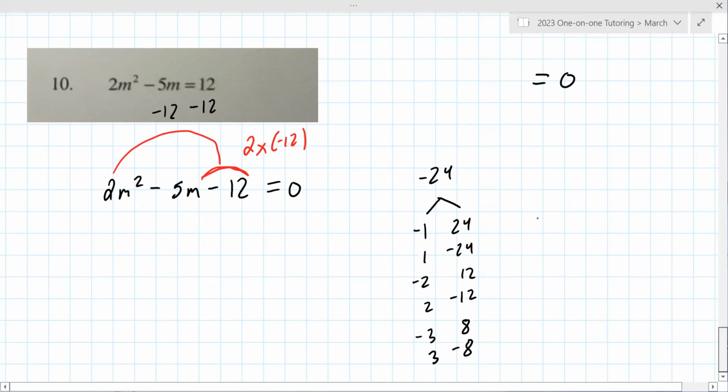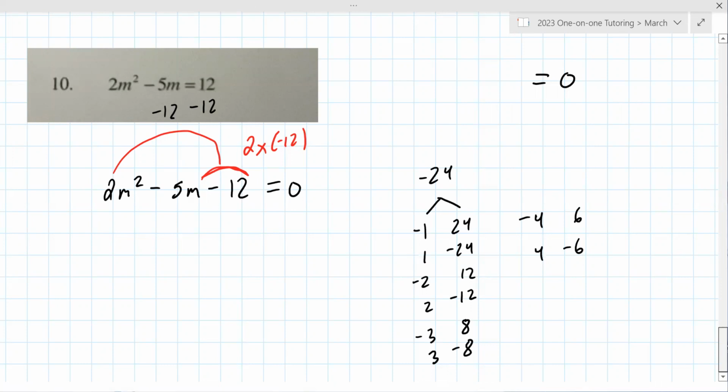And then the last one here, 4, negative 4 and 6, 4 and negative 6. So do any of these, and you're always asking yourself this as you go, you stop when you find one, do any of these add up to negative 5? Positive 3 and negative 8.